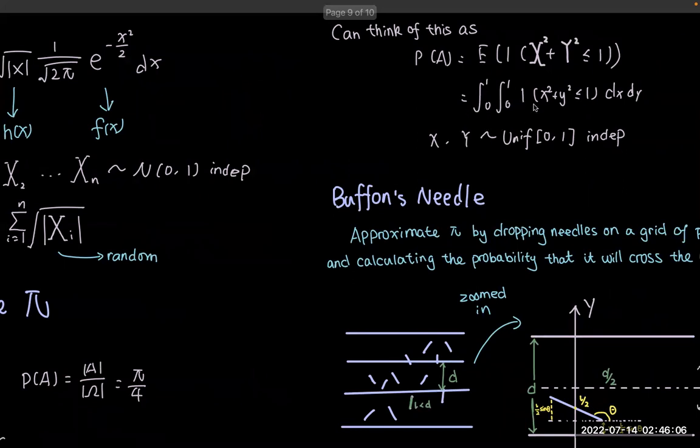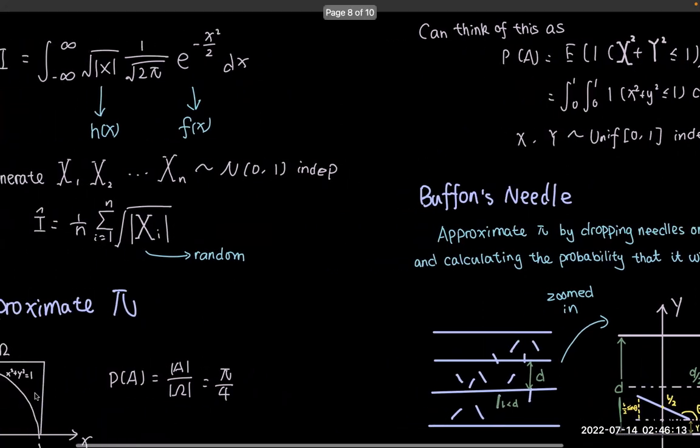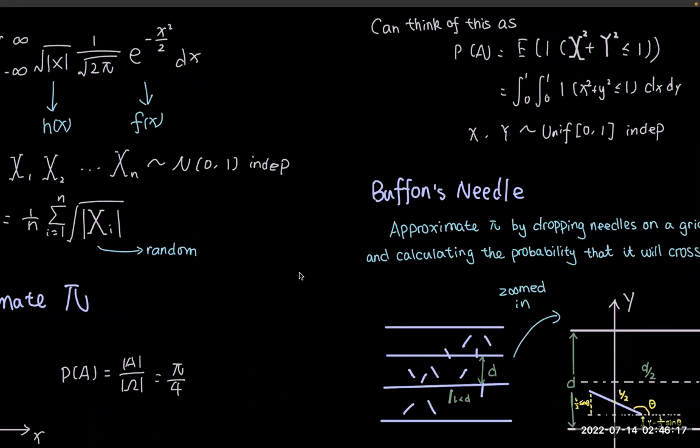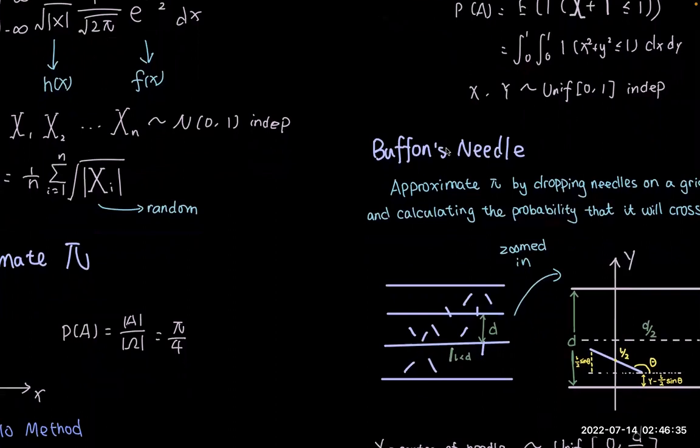Integral of this function, and this is also an integral within this A, which is the area of A. Again, here (x, y) is a random point from this unit square, so that x and y each follow uniform 0 to 1 independently, and together form the coordinates for a random point in the unit square.